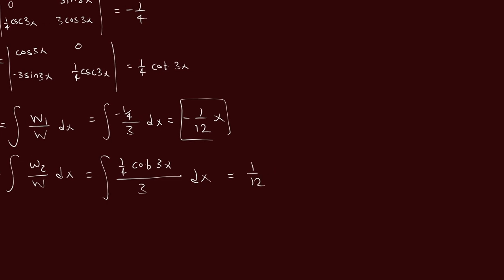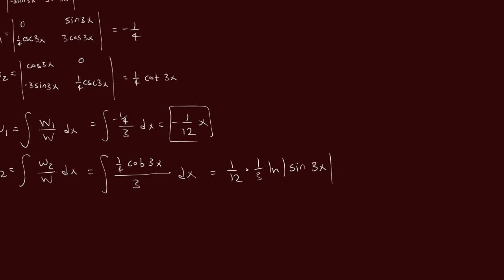Okay, and we have the integral of cotangent 3x dx. The integral of this will just be 1 over 3 ln of sine 3x.